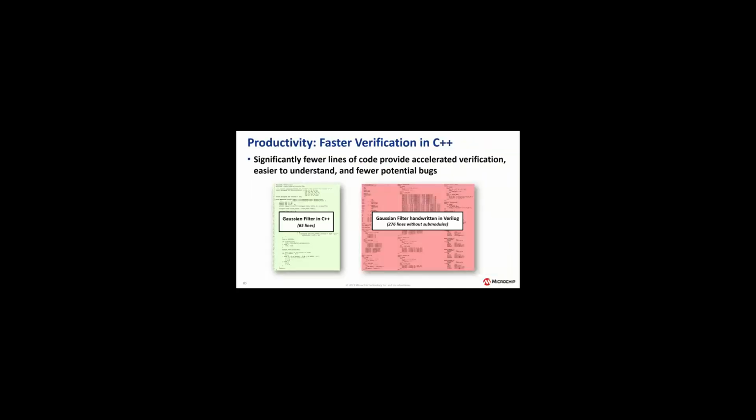To give an example, a Gaussian filter, fairly standard and available in C++, is 65 lines of code, relatively easy to understand, and therefore very easy to maintain and test. In HLS, it's 276 lines of code without the submodules, which you've got to hand code, test, verify, and maintain.